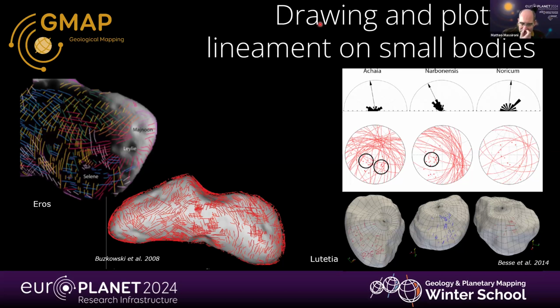So here, for example, you see Eros and Lutetia, the body that we have seen before, with some of the lineaments, and they are plotted in stereoplots. We will see what stereoplots are afterwards.